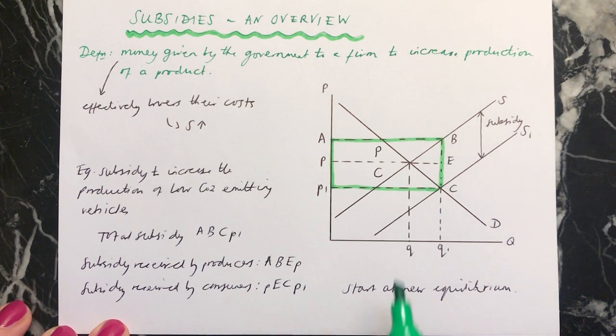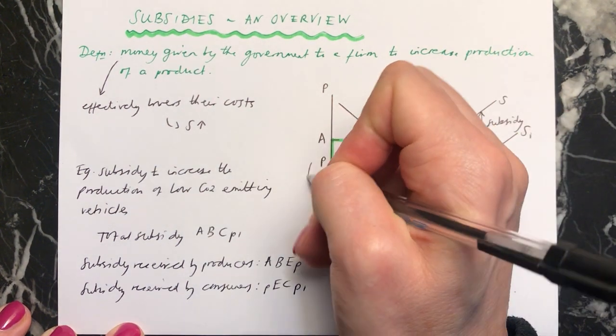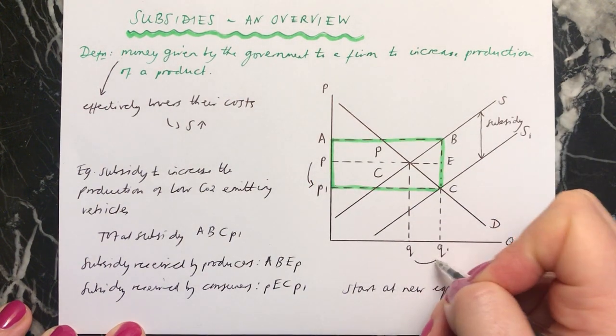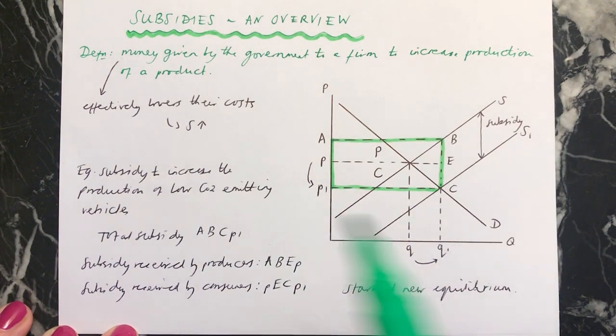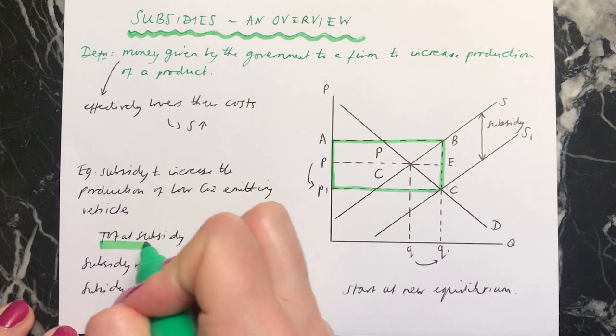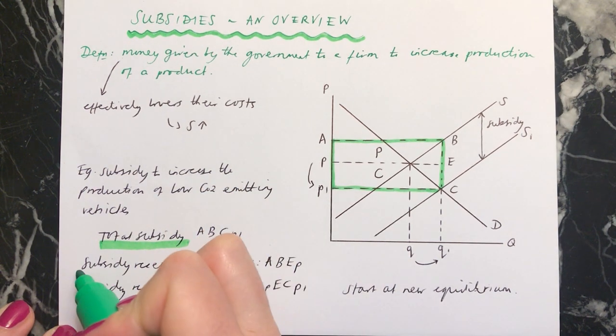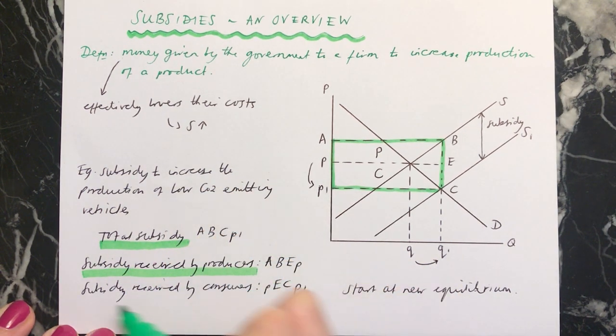In an exam, you may be asked to draw the diagram, or you might want to do it in a longer question to really show your understanding of the theory. The diagram allows you to show that the price has fallen, the quantity has increased, the area of the total subsidy, the subsidy received by producers, and the subsidy received by consumers.